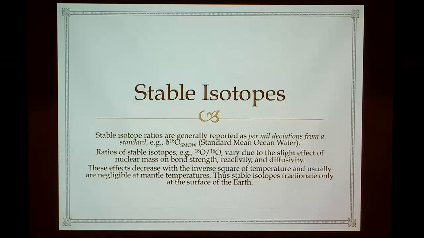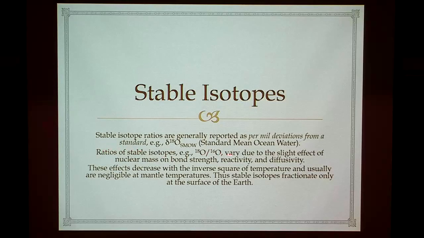I want to talk a little bit about stable isotope variations. Actually, just oxygen and sulfur, two of them. Unlike radiogenic isotope ratios, stable isotope ratios do change as a result of chemical processes. First of all, we usually report them as per mil deviations, parts in 1,000, deviations from a standard, so notations like this, delta 18O SMOW, which is standard mean ocean water.